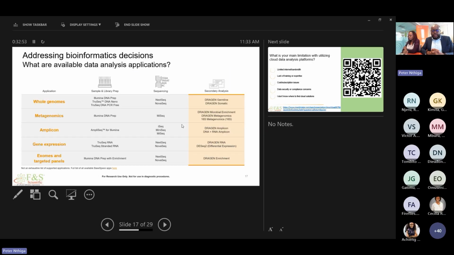Just quickly highlight, there are quite a number of data analysis applications provided by Illumina from the BaseSpace resource, where they have curated different pipelines depending on the applications that you're using, and they're worth looking at.